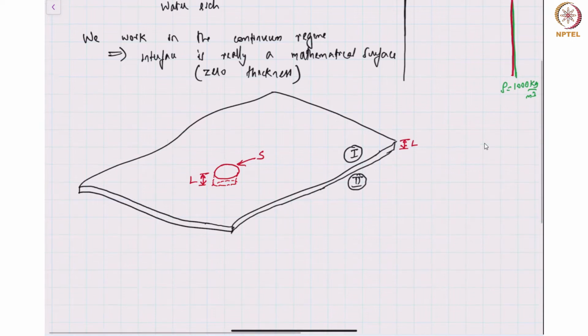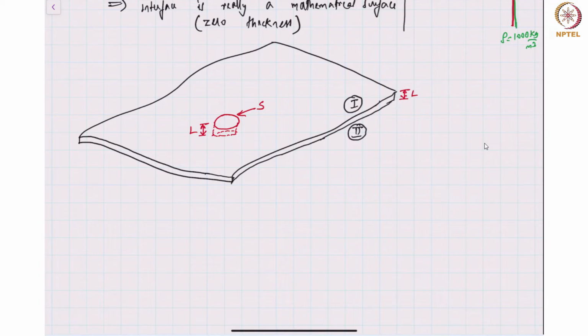Let me magnify this drawing. I'll draw the cylinder in the horizontal way. This is my cylinder. On one side of the cylinder, I have fluid 1. On the other side, I have fluid 2. So I can now define normal vectors.